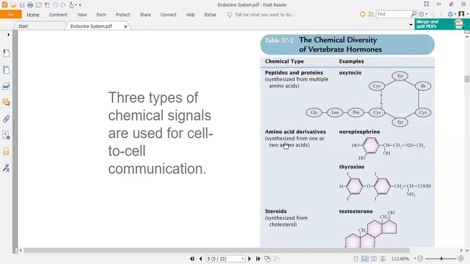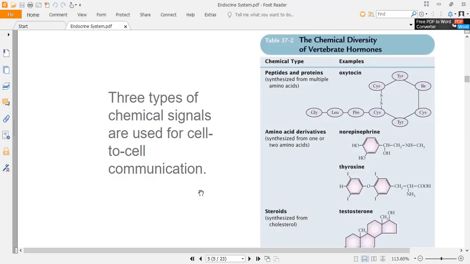Then what you are seeing here is known as amino acid derivatives. These are synthesized from one or two amino acids. An example is epinephrine, which is known as adrenaline. Even thyroxine is part of the amino acid derivative hormones. Then when you go down there, you're going to see steroids.